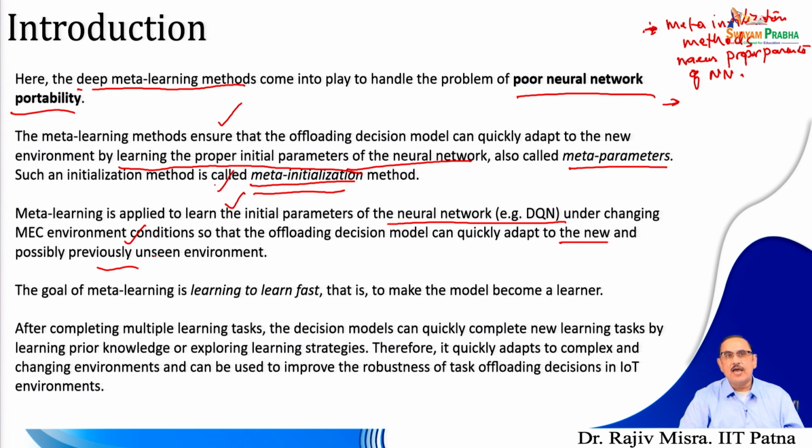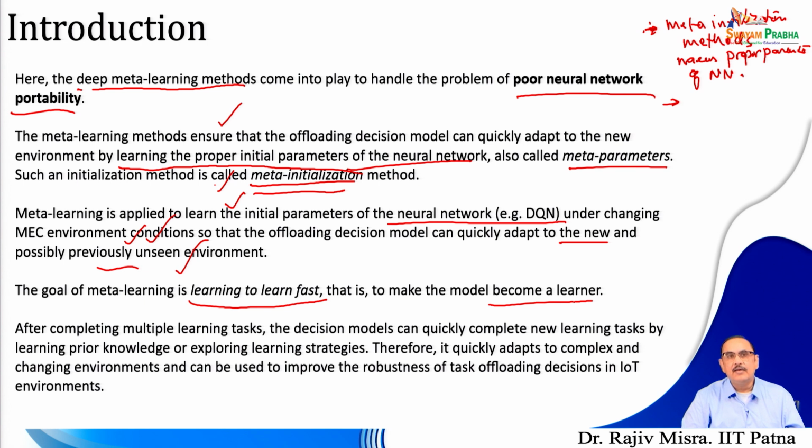So, here we are going to see how meta learning is applied to learn the initial parameters of the neural network, that is deep Q network, under changing MEC condition, so that the offloading decisions can quickly adapt to the new and possibly previously unseen environment. So, the goal of meta learning is learning to learn fast, that is to make the model becoming a learner.